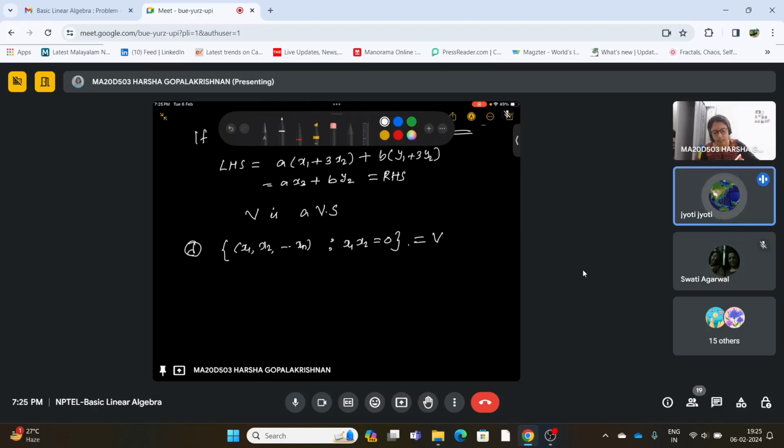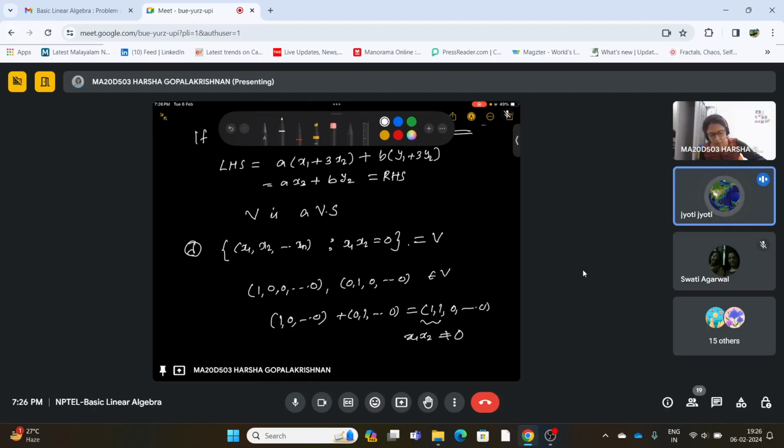In the first part, if I take (1, 0, 0), with all other elements 0, and in the second, I take (0, 1, 0), with all other elements 0, then these two elements belong to the given set, because the product x1 x2 equals 0. But the sum of these two elements is (1, 1, 0, ...), and in that case the product x1 x2 is not equal to 0. It is actually equal to 1. So this doesn't belong to the given set.